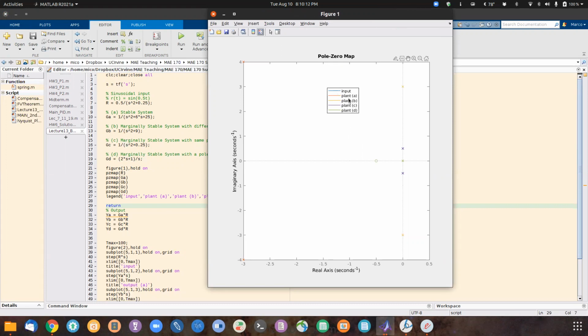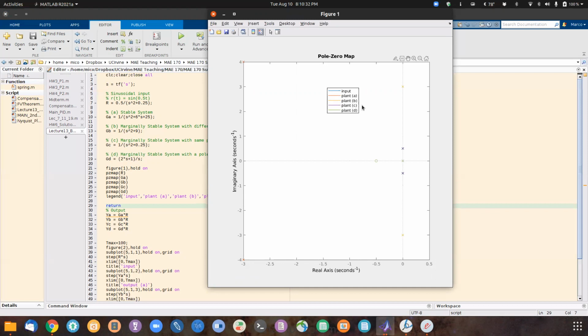For plant A, that is for the stable system, we have the 2 poles. They are all the way to the bottom and top left corners. So we have the 2 poles at -3 plus or minus 4i.